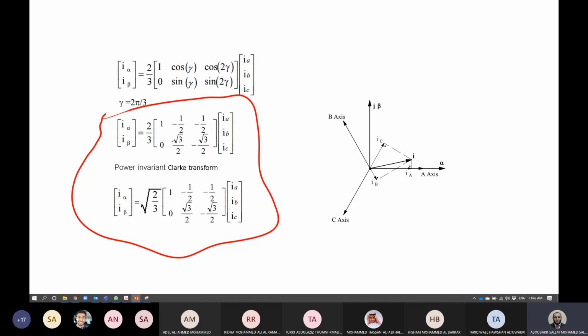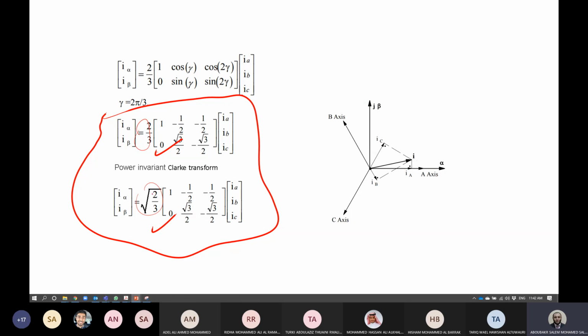It's not a big difference, because the only difference, as you can see here, is in the constant here. This constant can be changed, and it will not affect any operation, because in any transformation, we will transform and inverse transform again. So now you will multiply by 2/3, then finally you will divide by 2/3. So whether using this transformation or that transformation, it's equivalent and it's right.